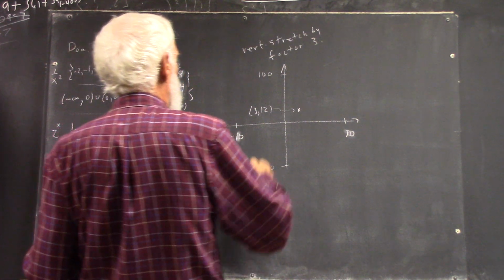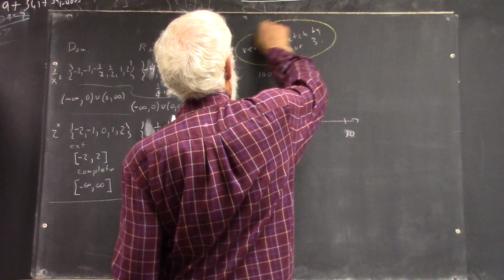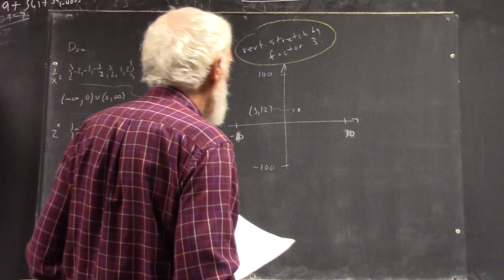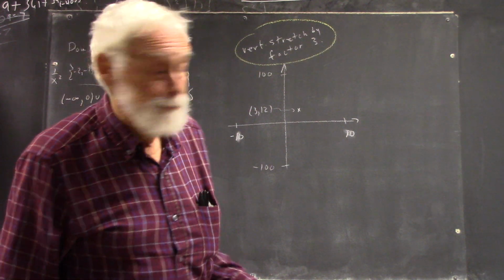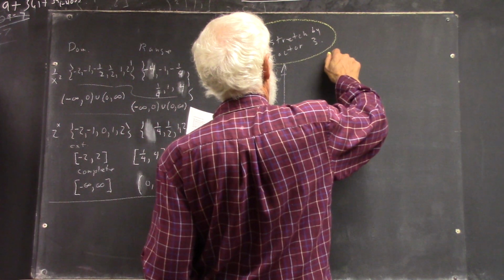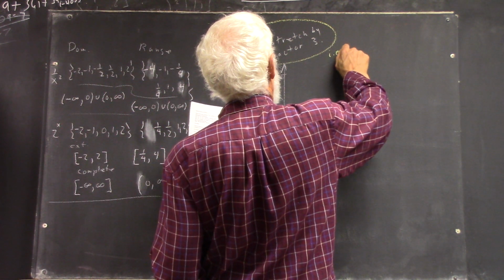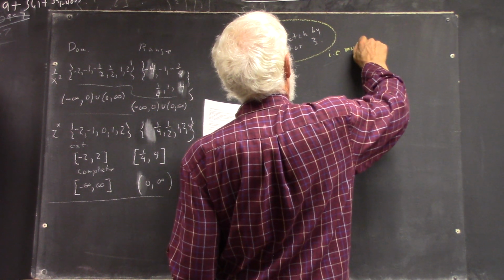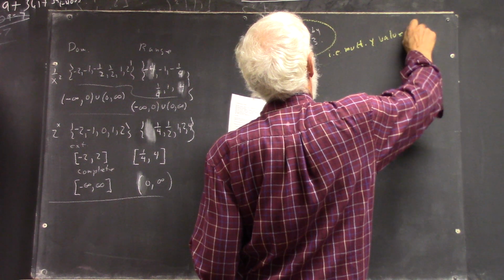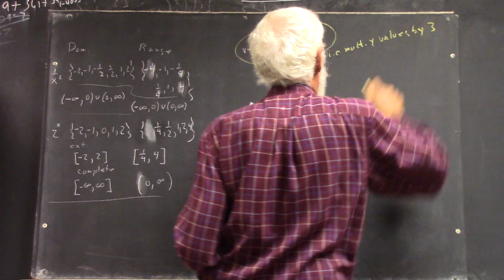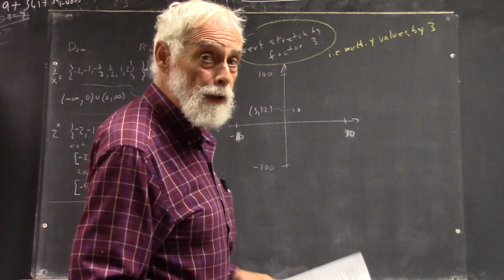Okay, we're going to do that in yellow. That means the Y value becomes 3 times as great. Okay, multiply the Y values by 3.